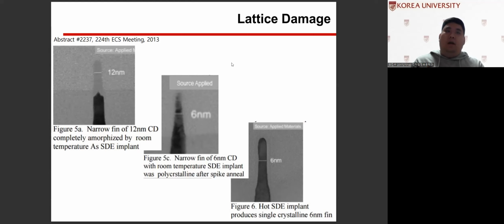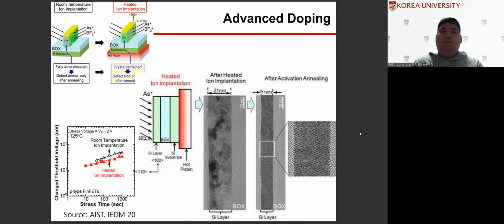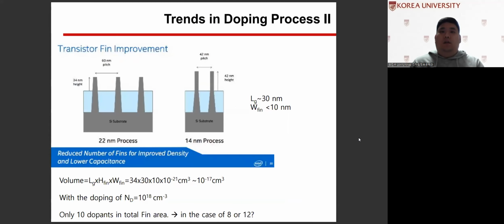However, this can be cured by applying heat after ion implantation. In current semiconductor fabrication, there are merely about 10 dopant ions in a single transistor fin. So controlling of doping is much more important than in the past. Thank you for listening.